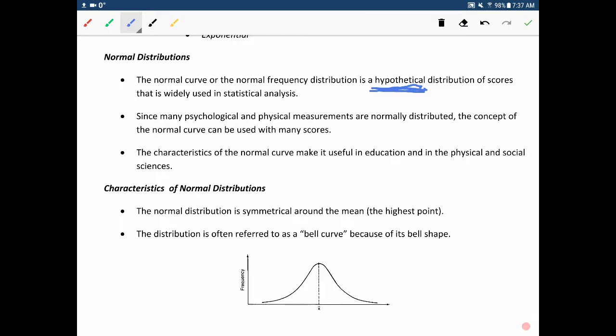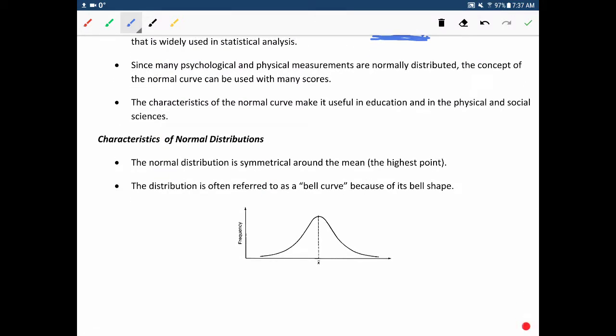Okay, so since many psychological and physical measurements are normally distributed, the concept of the normal curve can be used with many scores. Okay, they're fairly straightforward. And the characteristics of the normal curve make it incredibly useful in education and physical and social sciences. Okay?